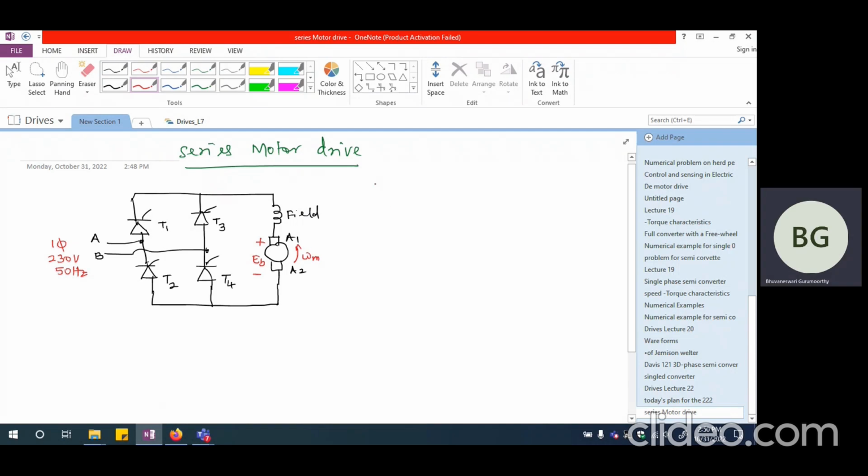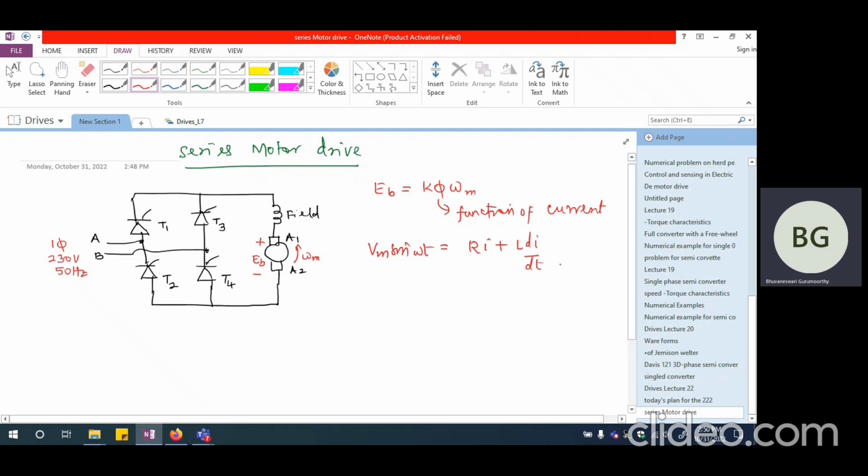Now in this particular case, Eb is equal to K phi omega m, where phi itself is a function of current. So we are going to have Vm sine omega t equal to Ri plus L di by dt. I will not write this as Ia because the current that is flowing through the field and armature both are one and the same.